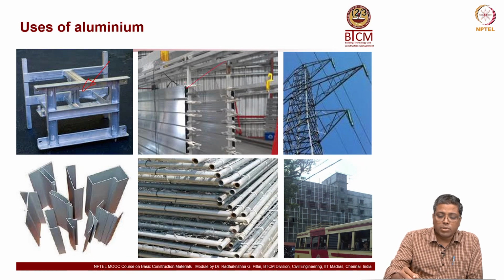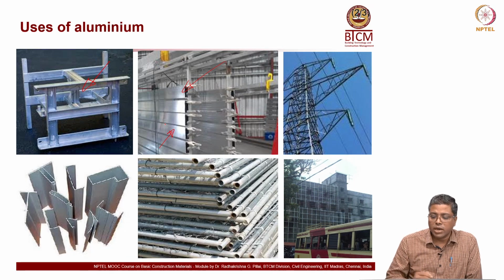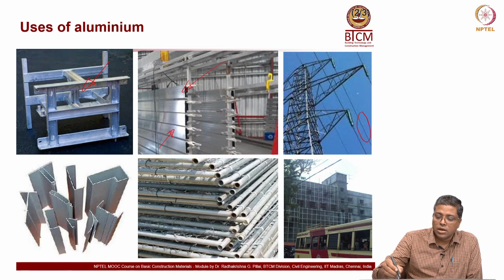Then wall elements, you can see these channels being made. Then for electrical wiring, I am not talking about this pillar, that is definitely steel. What we are talking about are these electrical wires, which are made of aluminum.